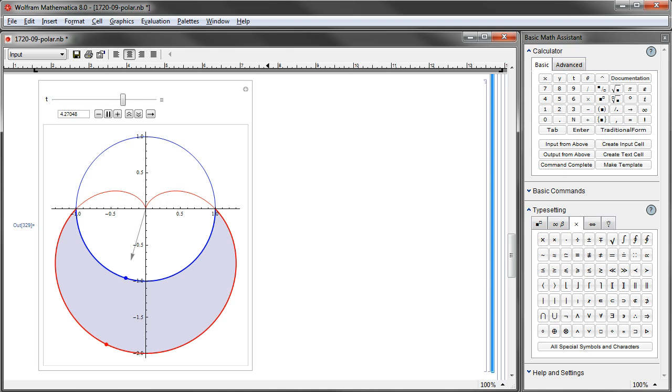And the gray arrow represents a polar angle. This animation begins from t equals 0, and as t increases to pi, we sweep through the first and second quadrants.